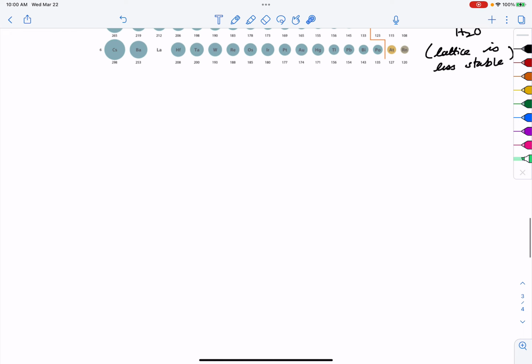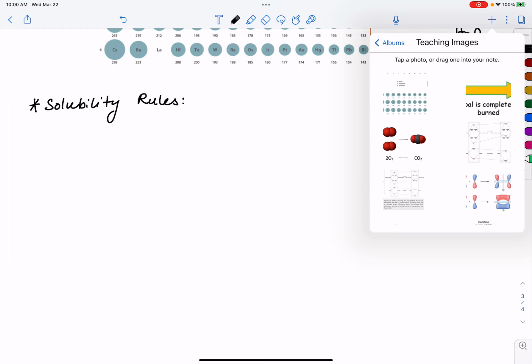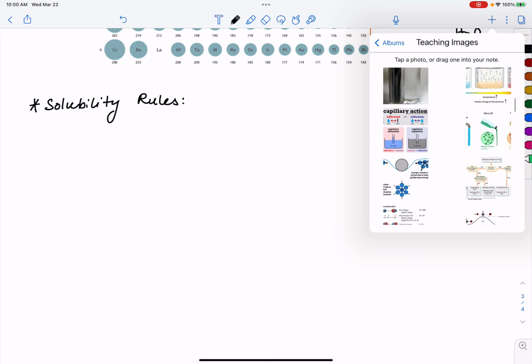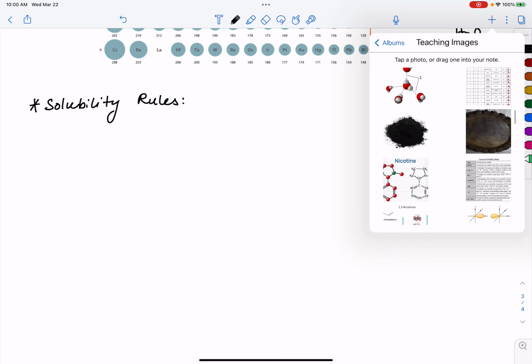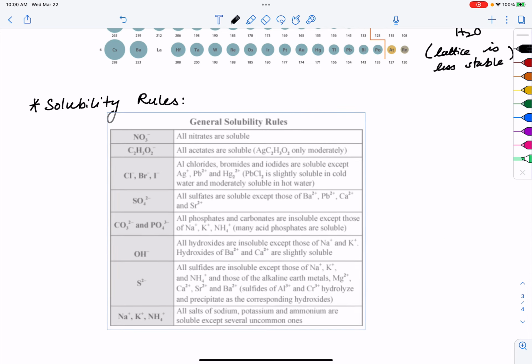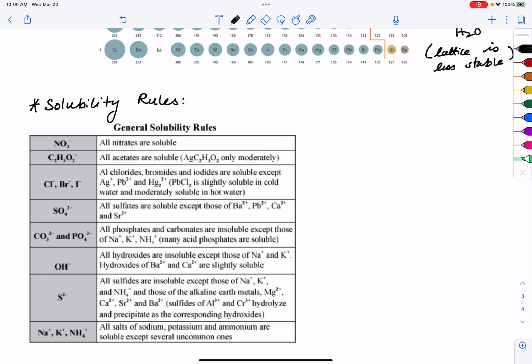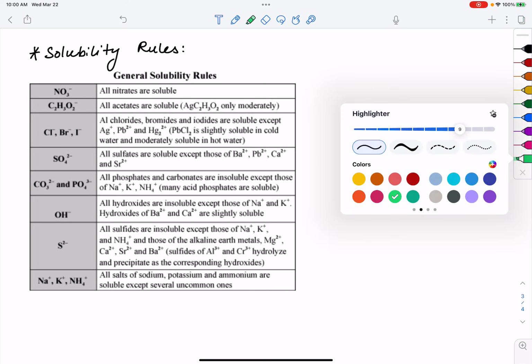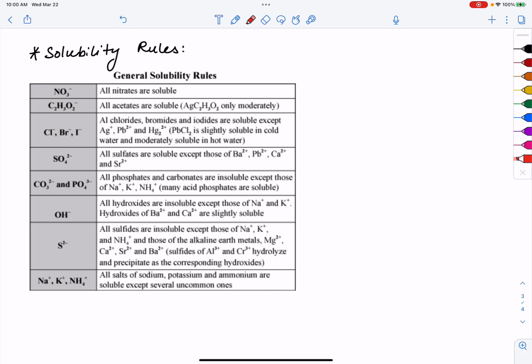Now, the solubility rules are a list of rules that take all of the experimentally or empirically observed solubilities of different ions and list them in a table. And here they are as a general set.